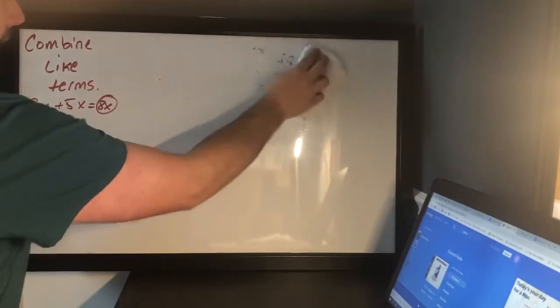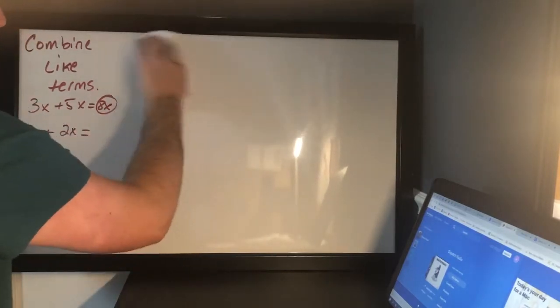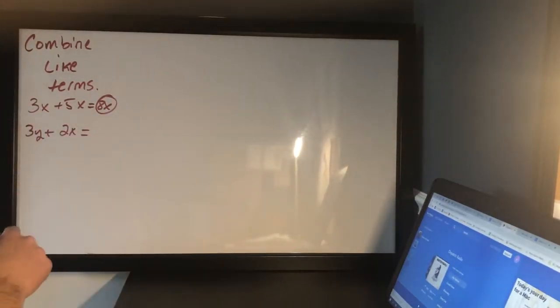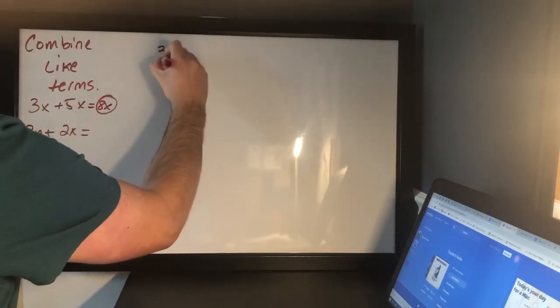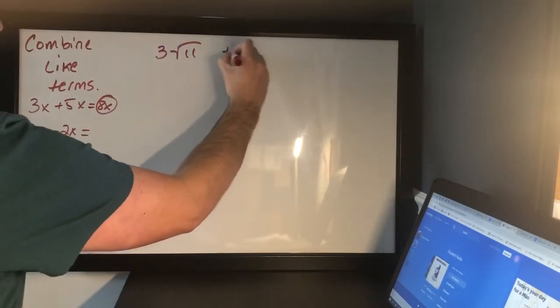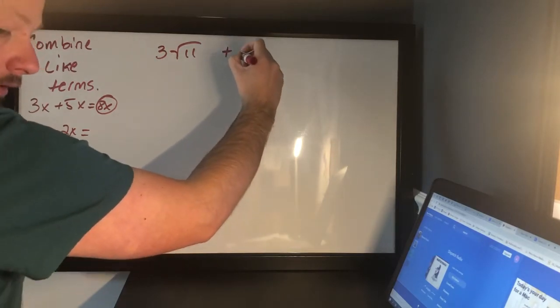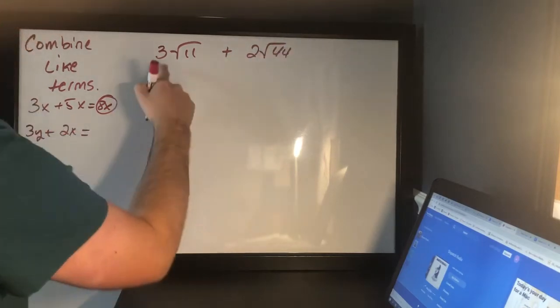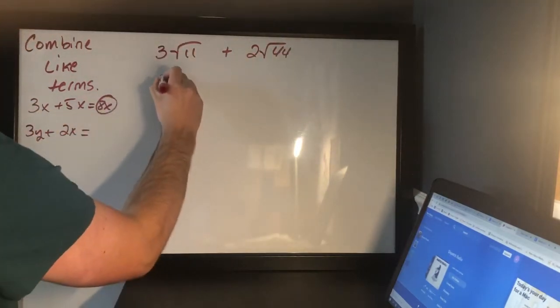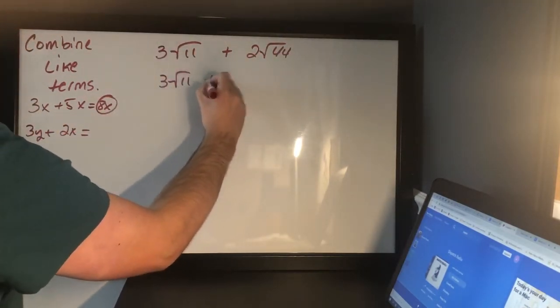Okay, and the third type is where you might have something that you take out of the radical sign and there's a number you have to multiply it by. So in this case, we have 3 radical 11 plus 2 radical 44. Again, here, nothing we can do, so we're going to rewrite 3 radical 11 plus.